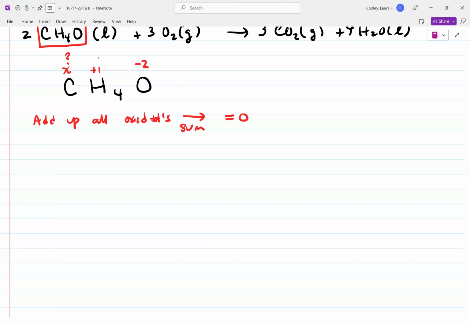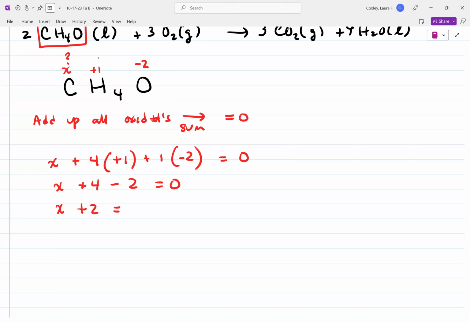So I have X plus 4 times +1 for the 4 hydrogens, plus 1 times -2 equals 0. That's X plus 4 minus 2 equals 0. What's 4 minus 2? X plus 2 equals 0. X equals -2.